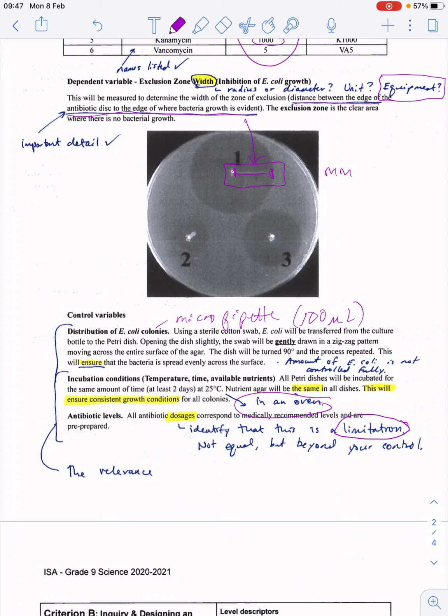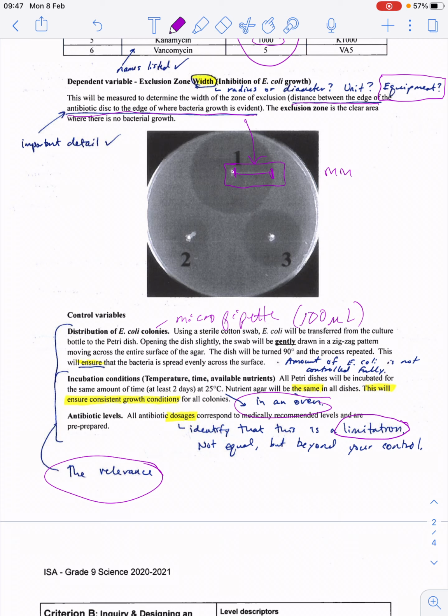And finally, part of criterion B3 is explaining why these different factors need to be controlled. What is their relevance scientifically? Why do we need to ensure the distribution of the colonies or the different conditions or the antibiotic levels? So giving some scientific reasoning as to why those things need to be controlled.